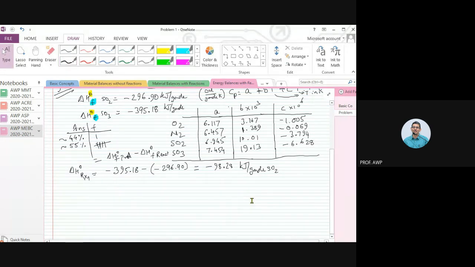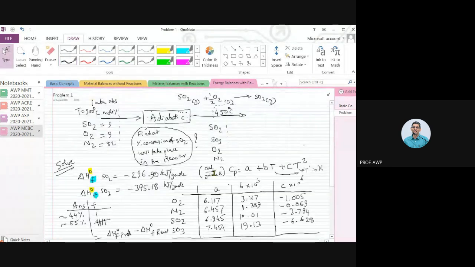Okay, go ahead now. Sir, let x be the moles of SO2 reacted. Then we want to do the material balance here. What is your basis?